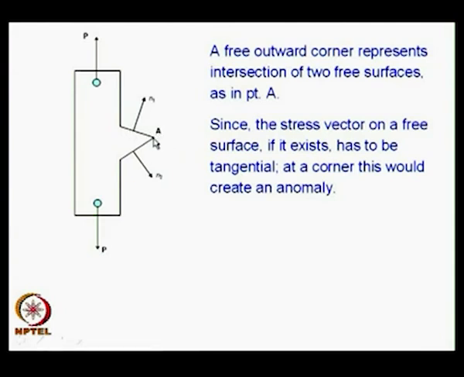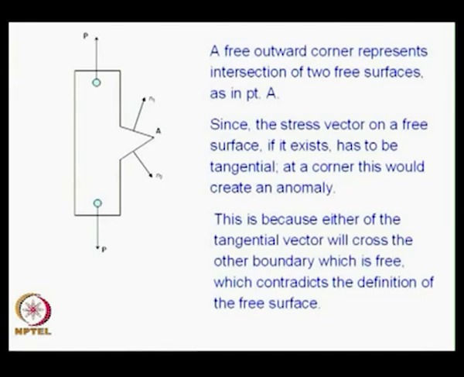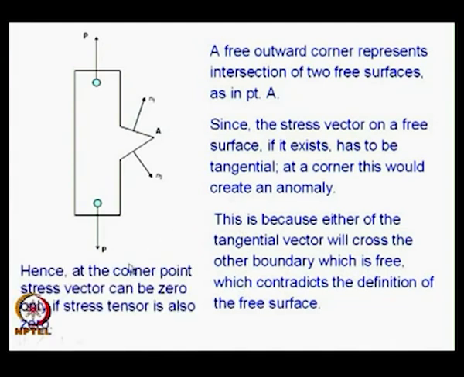Suppose I consider point A belonging to surface n2, the stress vector would be in this direction. So, this leads to a contradiction. How can the contradiction be resolved? The contradiction can be resolved only when the stress tensor is 0. So, at the corner point, the stress vector can be 0 only if the stress tensor is also 0. So, you get a very important result.